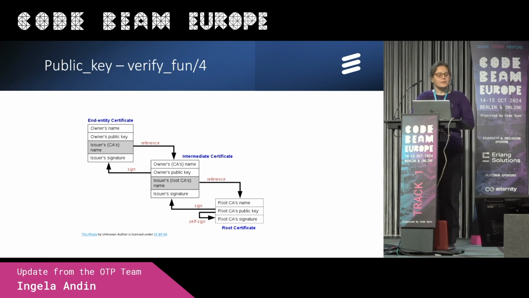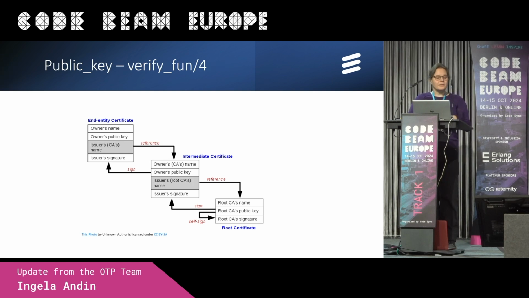When it comes to our public key application, it implements the algorithm for verifying certificate chains, which is used by TLS, for instance. There's a custom callback called the verify fun that lets you customize the verification process.